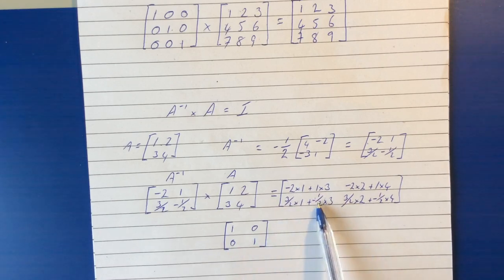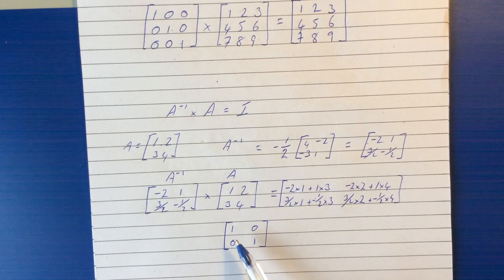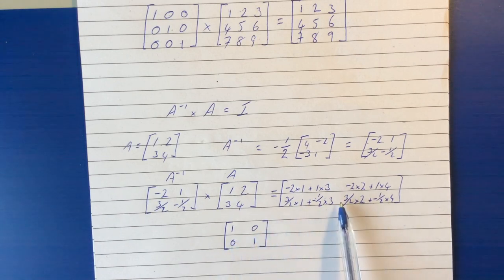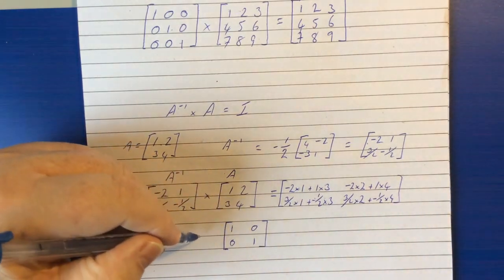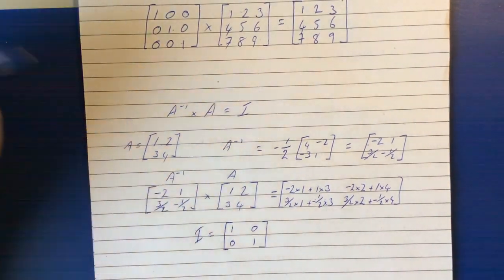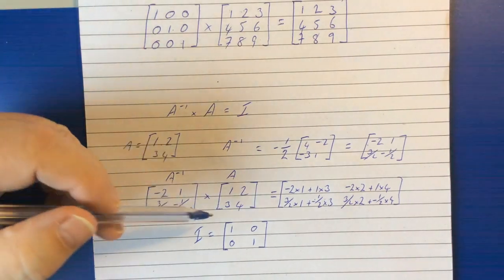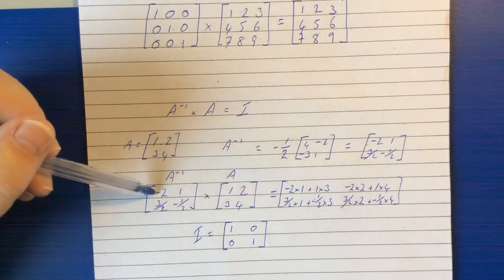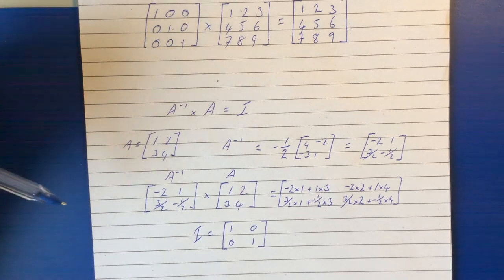That's 1.5, and that's 1.5. One's positive, one's negative, so I wind up with 0. 3 over 2 times 2 minus 1/2 times 4 gives me 1. We have the identity matrix. And that proves that this is indeed the inverse of this.